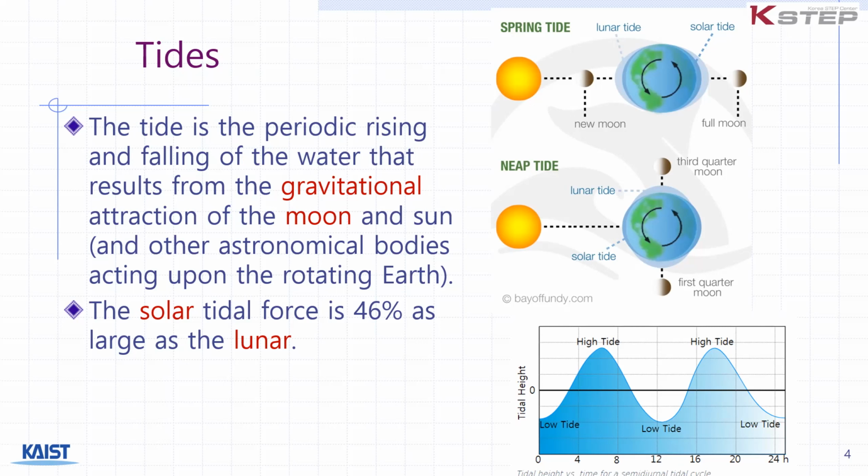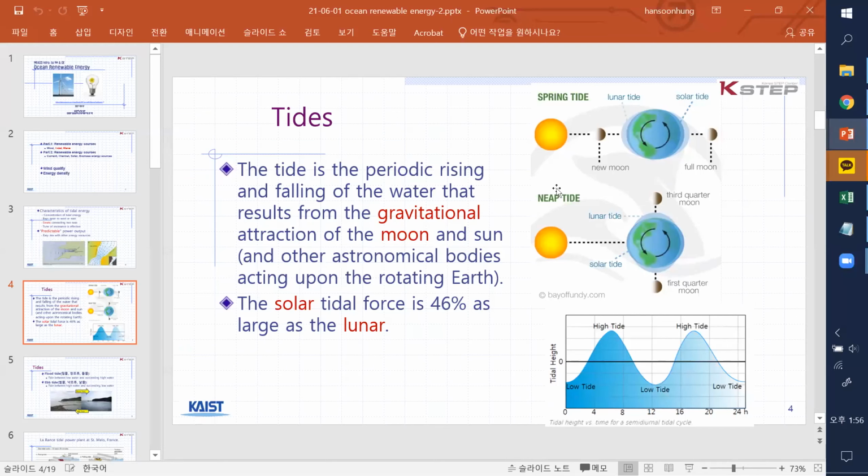But when the sun and moon are in a straight line together, it can be the highest peak, right? So there is a name called the neap tide, and the other one, what is the name? I can't remember. Spring tide, right? Spring tide and neap tide.